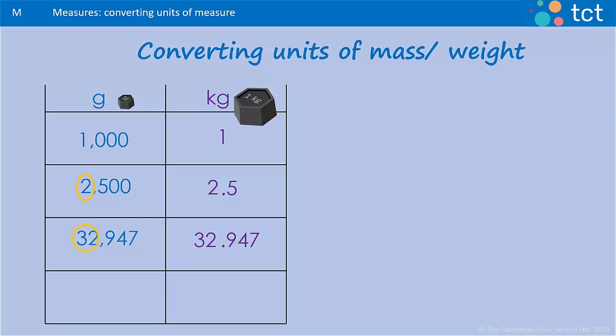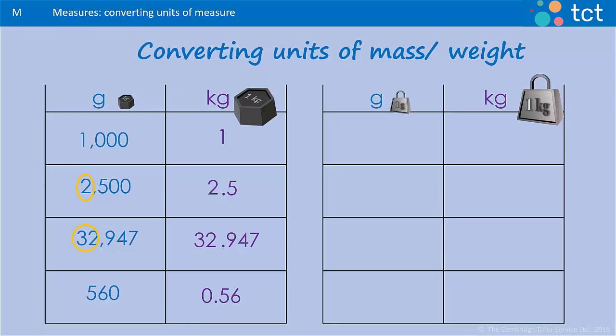Looking at one the other way round, if we have 0.56 kilograms, you can see we don't have a whole kilogram here. Remembering the rule for multiplying by 1,000, in grams, that would be 560 grams.